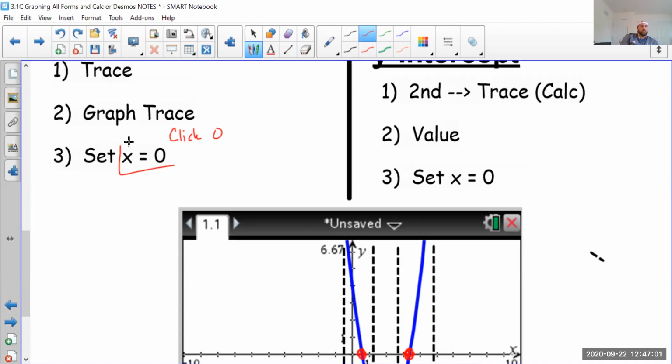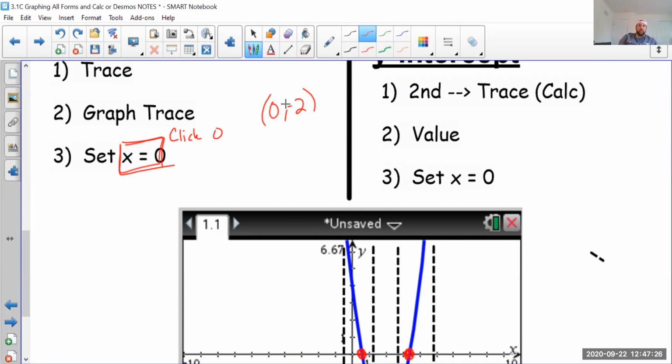It's going to put this on your screen. Hit Enter, and it should find your y-intercept at 0, -2. What you're doing is saying when x equals 0, what does y equal? And that's what you're telling your calculator.